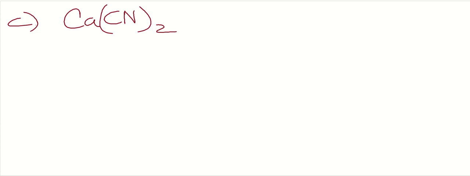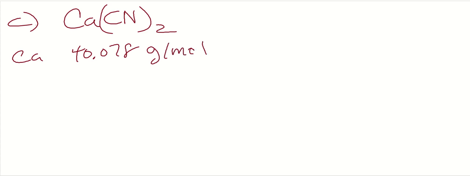Okay. All right. Calcium has a molar mass of 40.078 grams per mole. All right, carbon, there's 2 of those. Carbon's 12 point. I'm getting lazy now. Just going to go 12.01. And there's 2 of them, right? Don't forget, we need to distribute that 2 outside the parentheses.